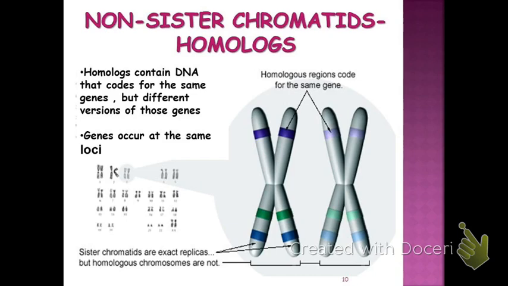Now, these genes are not going to be the exact same, okay? So, for instance, if we're talking about eye color, right, mom may contribute blue eye color, dad may contribute brown eye color. Now, it's still instructions for eye color, right? But it's just a different form of that gene. So that's what we mean when we talk about homologous chromosomes.